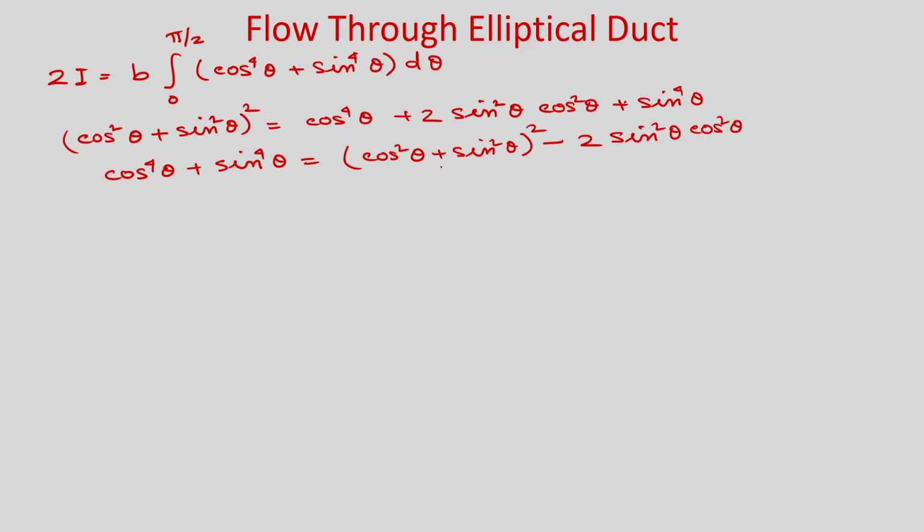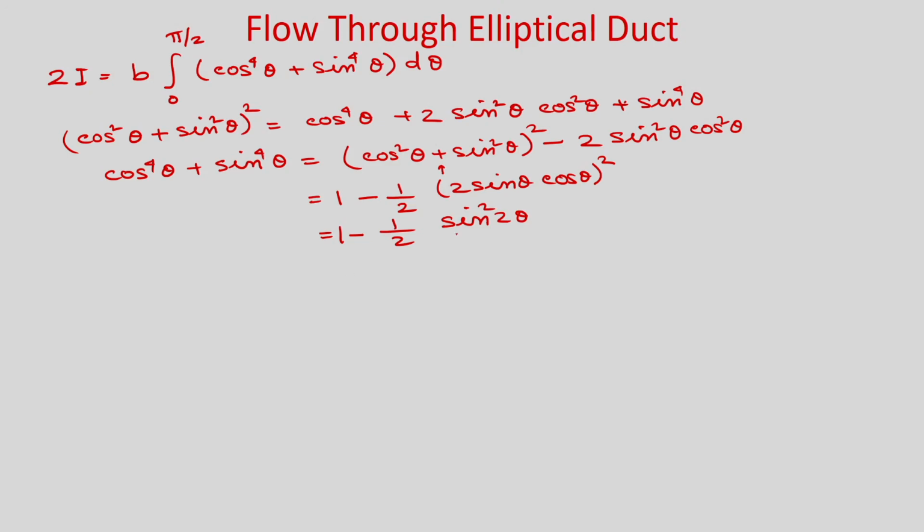What is the value of this term, the right hand side first term? So, it is 1, right. So, we will get 1, and what we will do here, we will write just half of 2 sin theta cos theta square. Now we know that 2 sin theta cos theta is sin 2 theta. So, we can write 1 minus half sin square 2 theta.